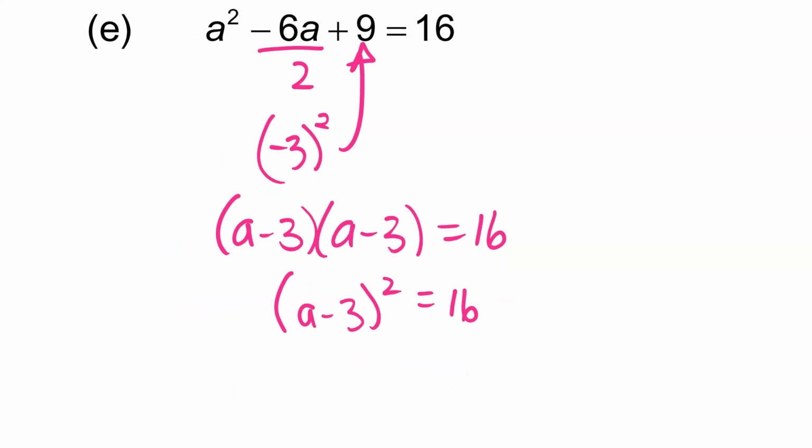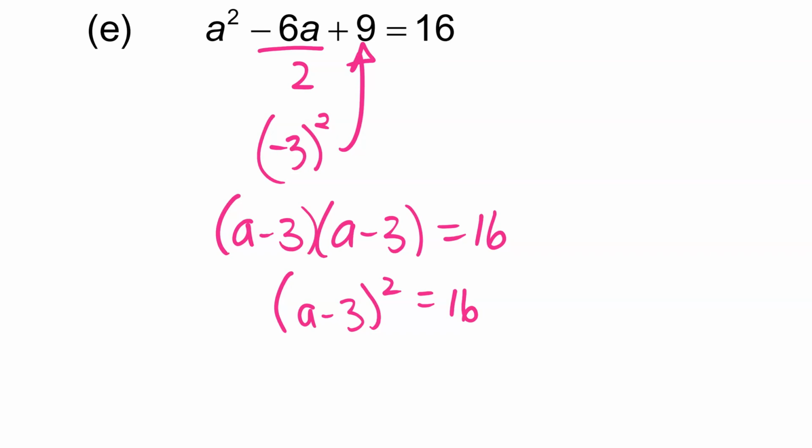Okay, so on this left side, I recognize it's a perfect square trinomial because if I half the middle number and then square it, it will be the third one. So half the middle squared will be the third. That is a perfect square trinomial. Perfect square trinomials have 2 of the same factors. The two factors are a minus 3, a minus 3.